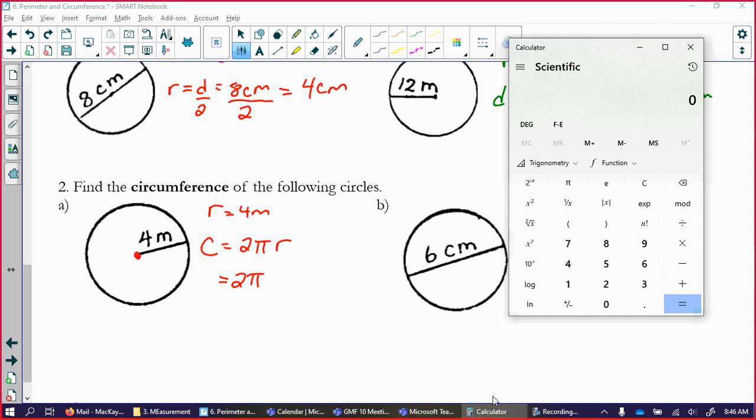This is where some people differ. I would use the pi button exclusively. If you use and write out 3.14 or whatever, it's not that it's wrong. It's just not as correct as possible.